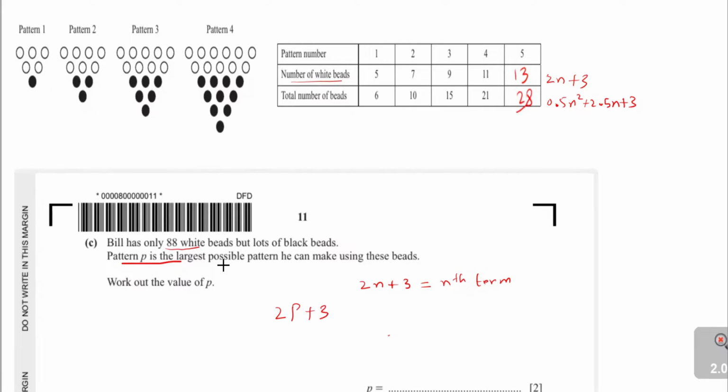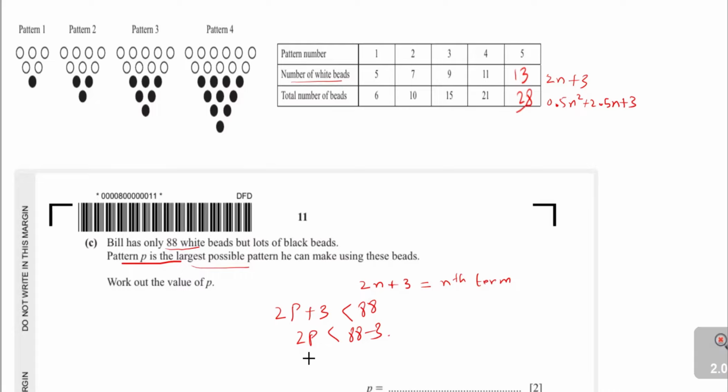For the largest possible value of P, here we write 2p plus 3 less than or equal to 88, because the white beads are less than or equal to 88. Therefore, 2p is less than or equal to 88 minus 3.